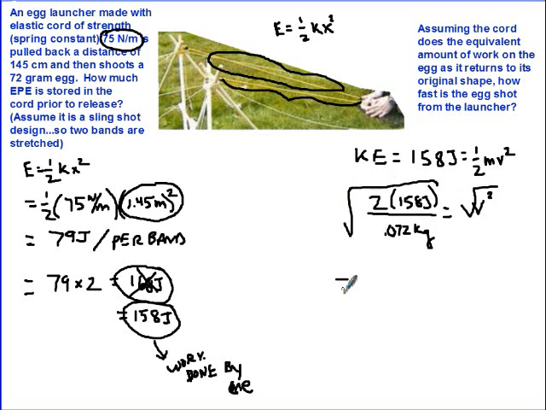And so that value, I'm not going to try to do this one in my head, since obviously I can't do this kind of calculation. So let me use the calculator for that one. And what I'm getting for that speed is about 66 meters per second. And again, this is just a way for me to show you how elastic potential energy gets converted into other forms as well.